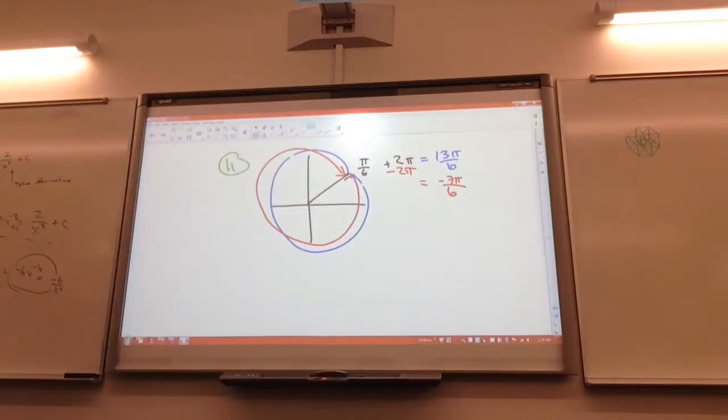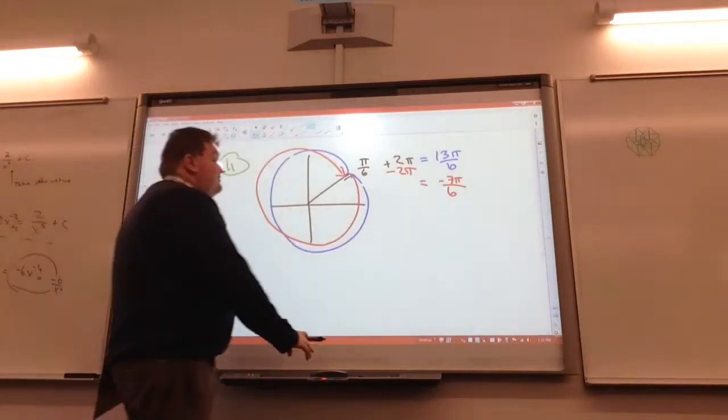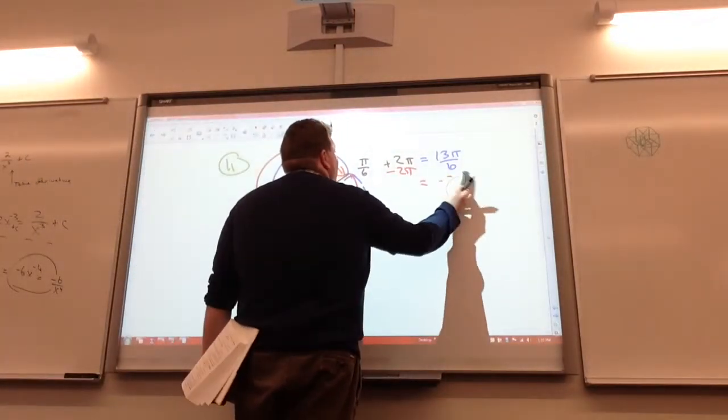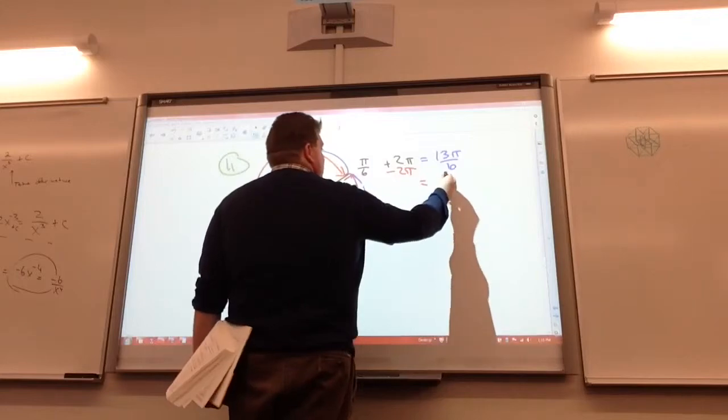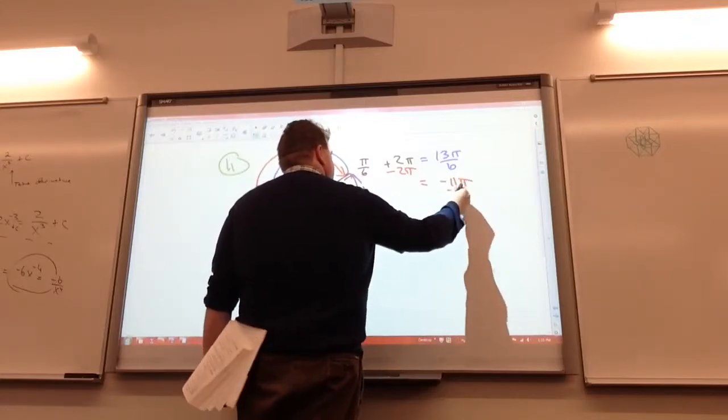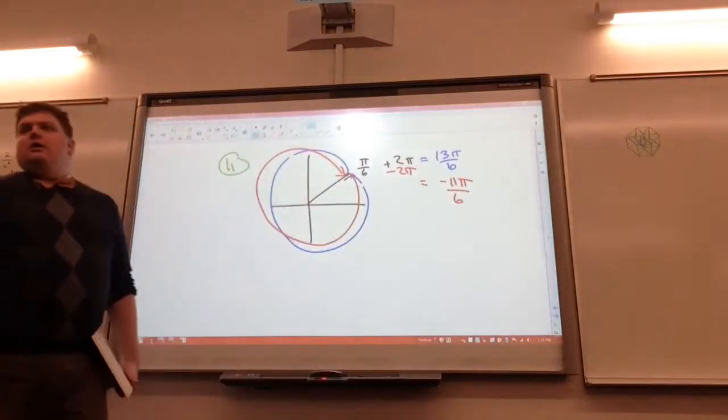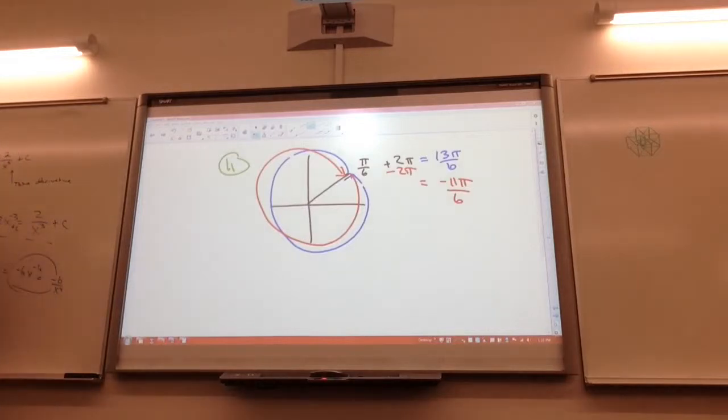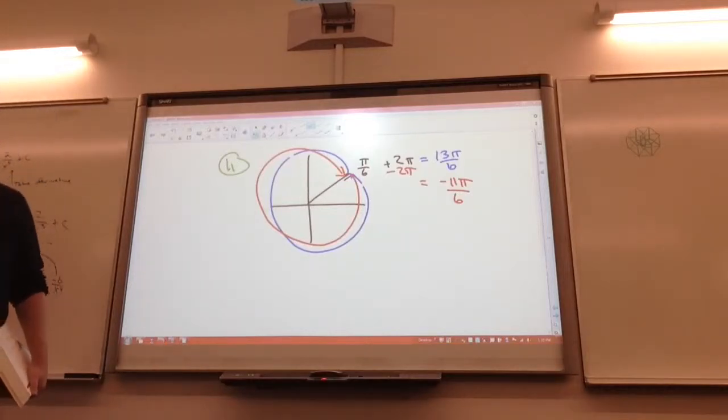No. Sorry. Negative 11 pi over 6. Right there. And so there's your answer. That's how you find coterminal angles. So anytime you have to find a coterminal angle, if you're in radians, you're going to add or subtract 2 pi. If you're in degrees, you're going to add or subtract 360. That's it. The coterminal angle is just the same angle, same position.